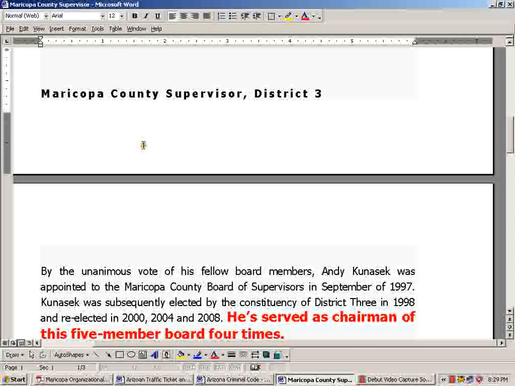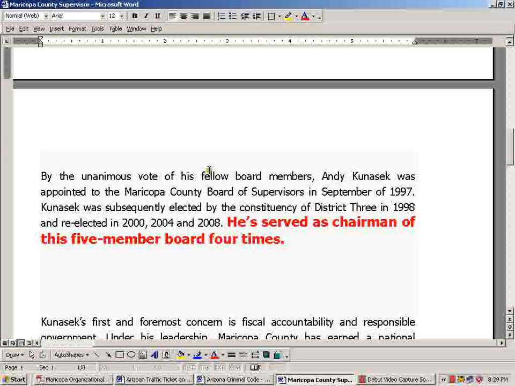Because here's a little bit on this guy's bio, right? This is the chairman right now. He was appointed in 1997, elected, 98, 2000, 2004, 2008. He has served as chairman of this 5-member board 4 times, right? So, like, they keep flipping it around.